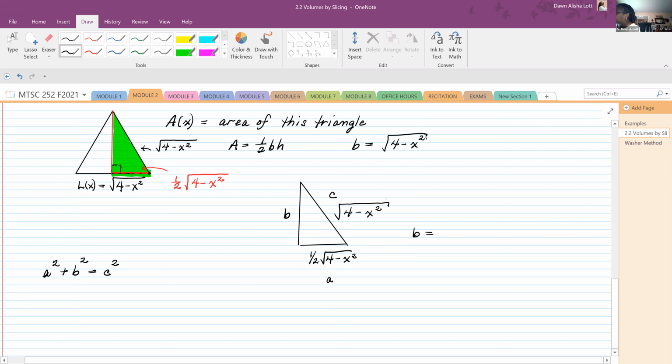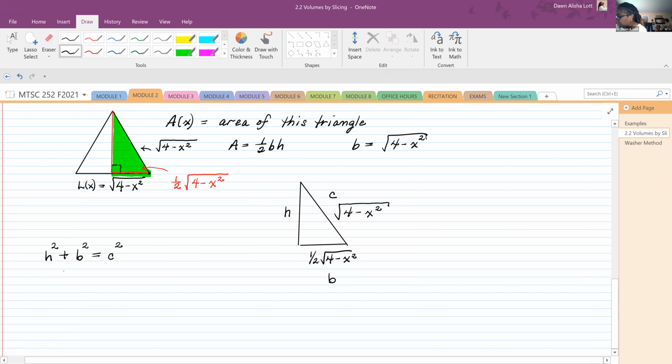Let's not call it b, let's just call it what it is: this is h, and this is b. So, to avoid confusing you, by the Pythagorean theorem we're going to use h squared plus b squared equals c squared.